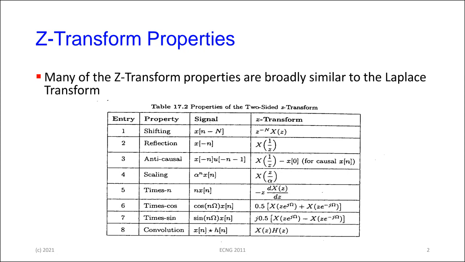Many of the properties are broadly similar to what we have in the Laplace transform. For instance, if you were to zoom in on the scaling one here, if you scale the sequence, the Z transform is that. You remember you had a similar one for the Laplace transform. If you multiplied x(t) by an exponent, you had a scaling of the Laplace transform. So it's the same sort of thing, right?